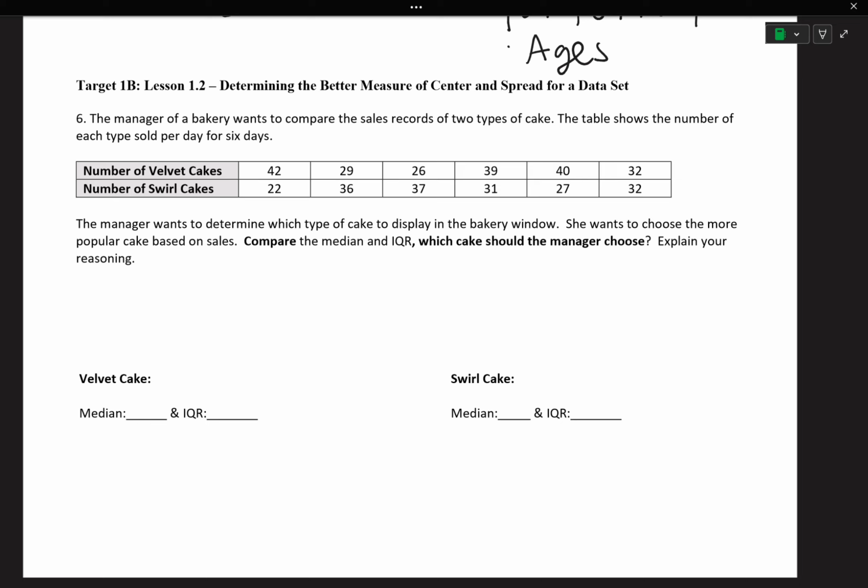The manager wants to determine which type of cake to display in the bakery window. She wants to choose the more popular cake based on sales. Compare the median and IQR. Which cake should the manager choose? Explain your reasoning. Okay, so first and foremost, we need to find the medians and IQRs.